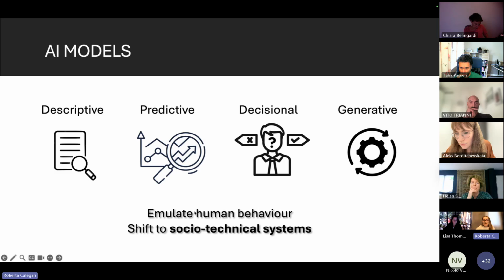But the point that we have in common in all these kinds of models that we can create today is that we are in a paradigm shift nowadays. These systems were considered only technical systems until 20 years ago, but nowadays they are not only technical systems, they are socio-technical systems. Why?